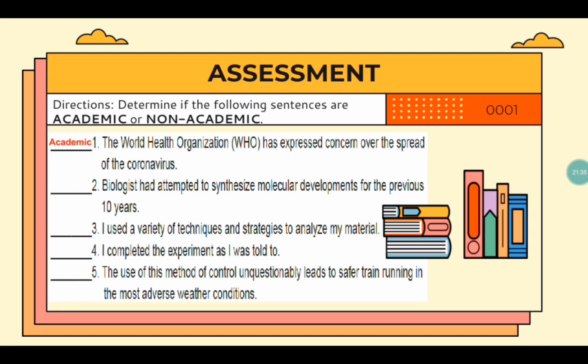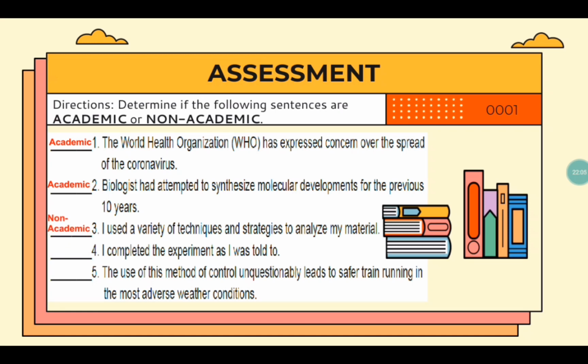Number 2, biologists had attempted to synthesize molecular developments for the previous 10 years. Okay, that is an academic writing. Number 3, I used a variety of techniques and strategies to analyze my material. And this is non-academic.